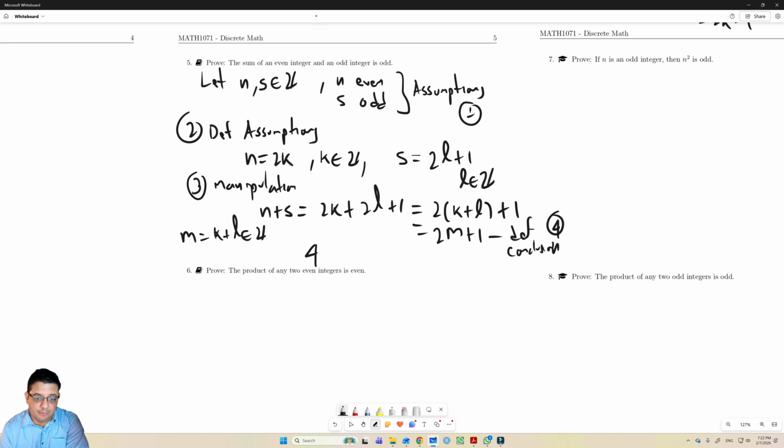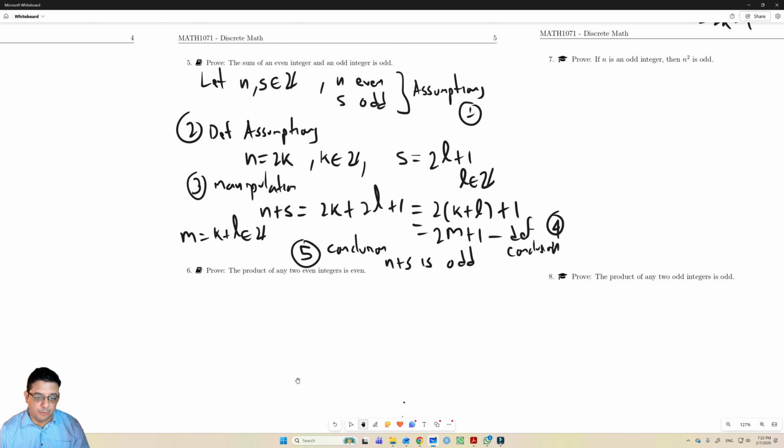And my step 5 will be the conclusion, which will be that n plus s is odd. Okay, so the sum of an even integer and an odd integer is odd.